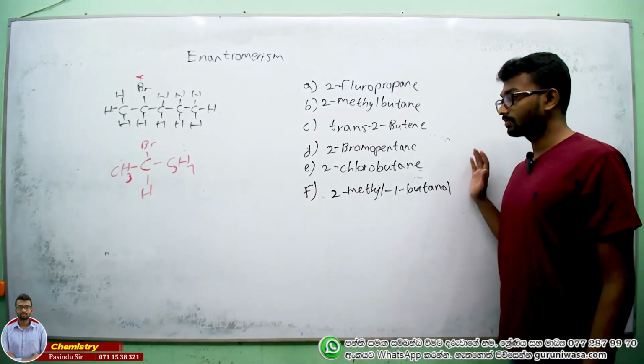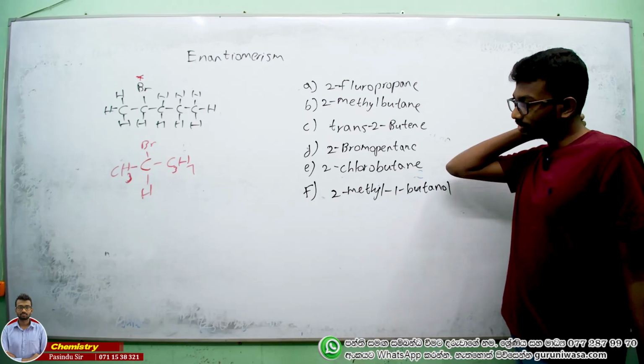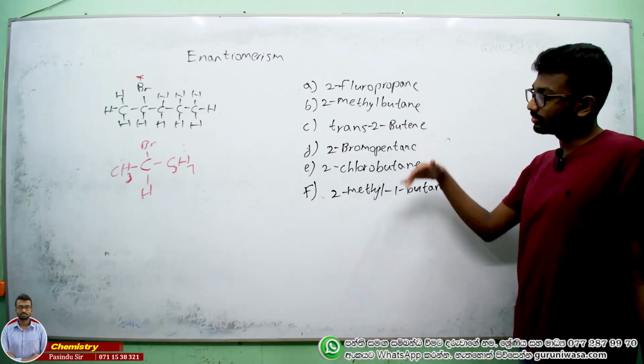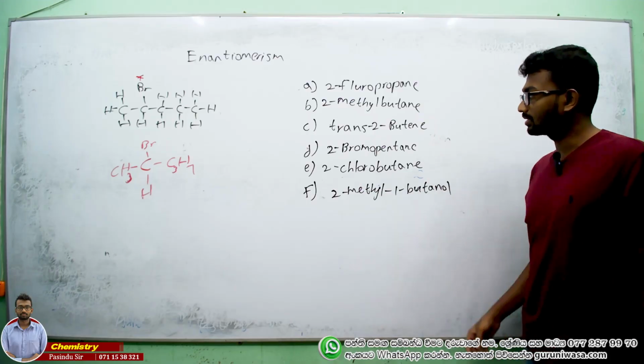Right, so find what kind of isomers you can find. Most of the molecules have, I think, chiral centers, maybe trans again.